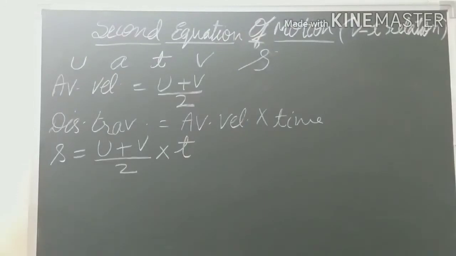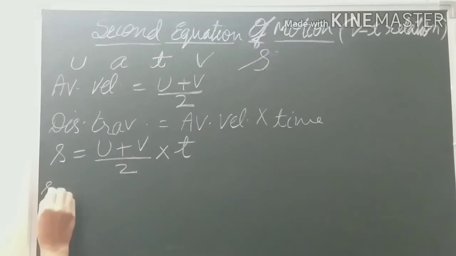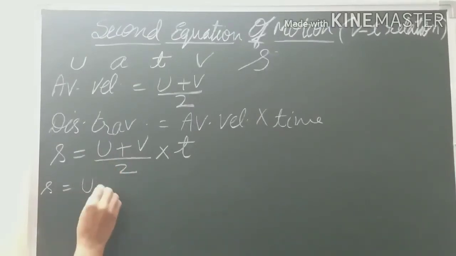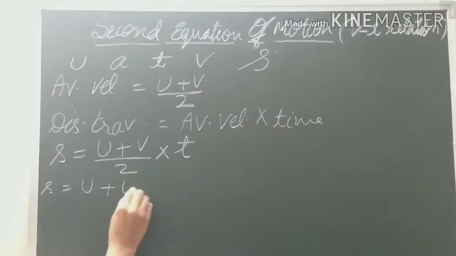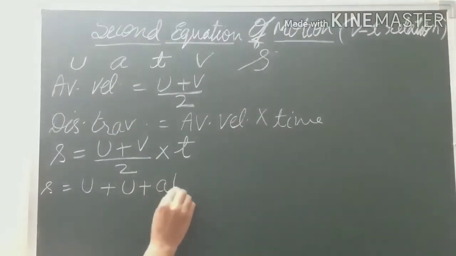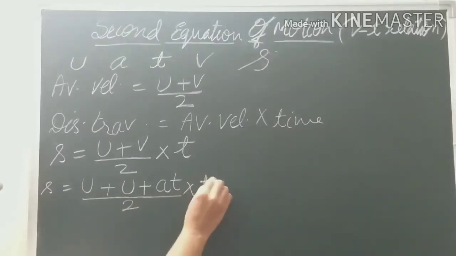अब यहाँ पर, जैसे हमें पता है कि according to the first equation of motion v is equal to u plus at, so we will put that value here. s is equal to u, and instead of writing v we will take its value from the first equation and write u plus at upon 2 into t.